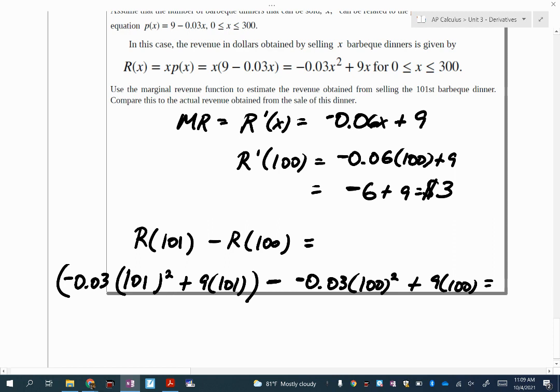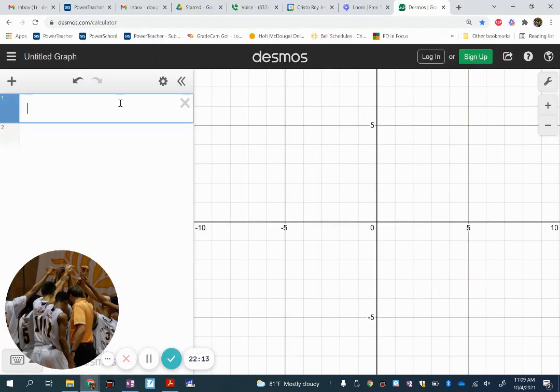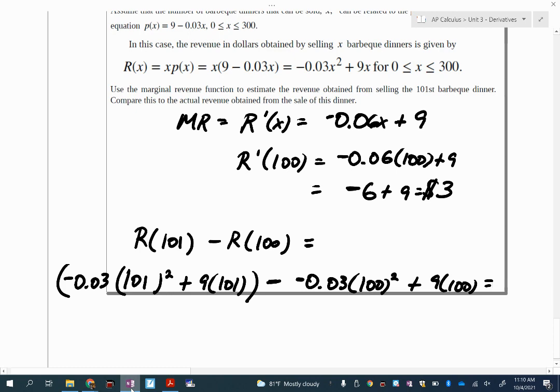Whatever that is, it's going to give us the actual revenue that we earn from selling that 101st dinner. So let's type that into Desmos so we can get our answer. We have, let's put in parentheses, negative 0.03 times 101 squared. Let me make sure I got that right.